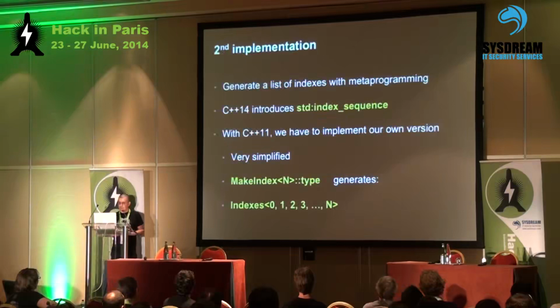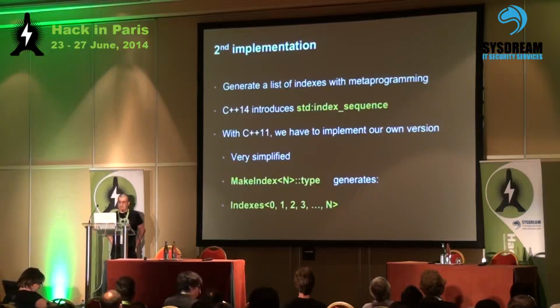What I need is to be able to generate at compile time a list of indexes. With a future version of C++, it will be possible. It will be part of the standard. It's called index_sequence, but unfortunately, it's a future version of C++, and I need to use a compiler of today.